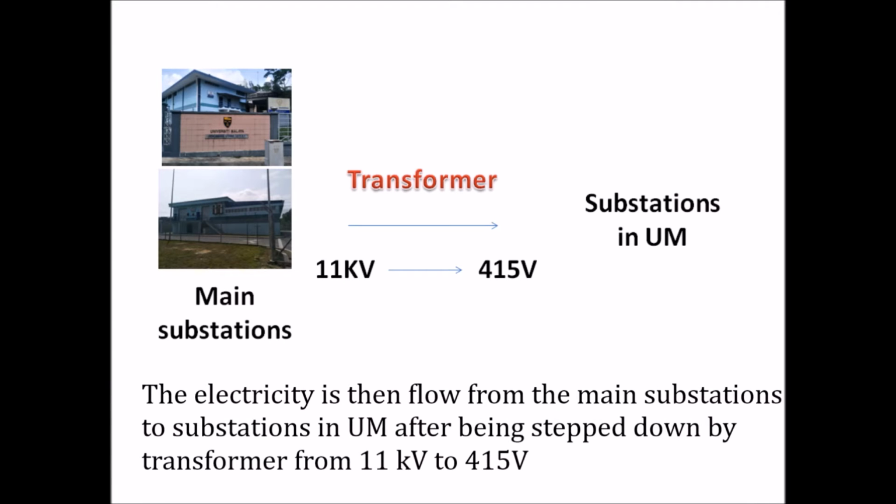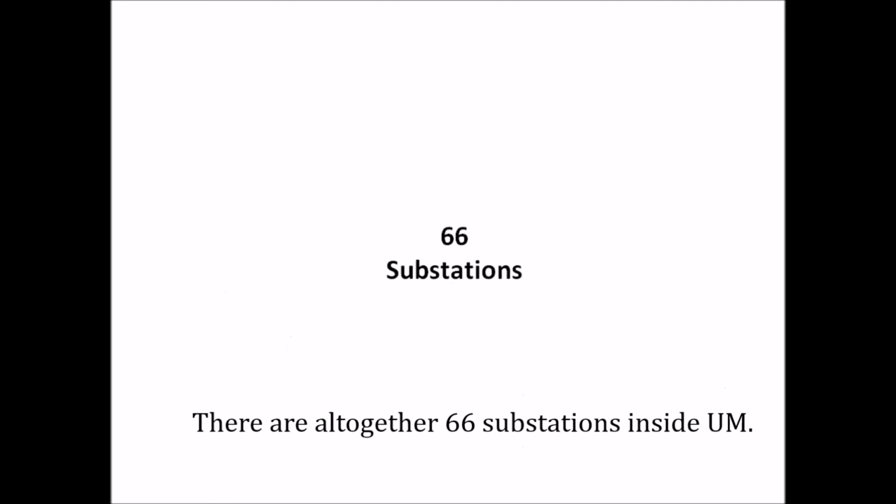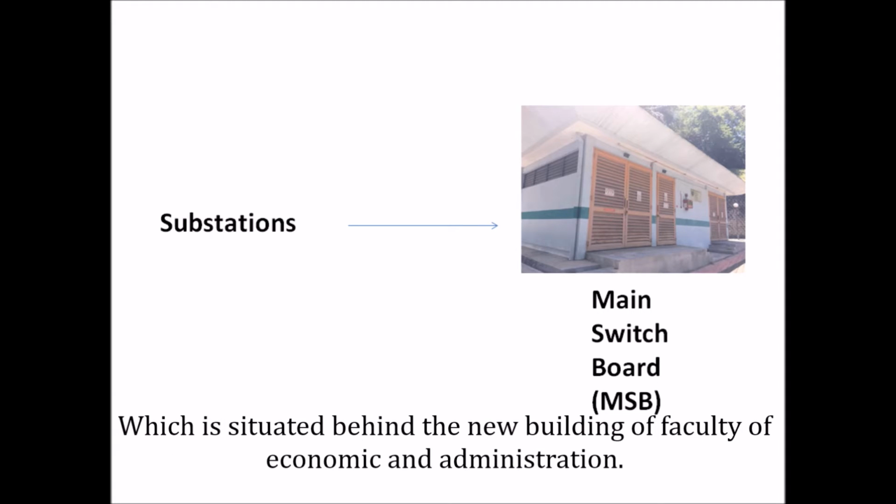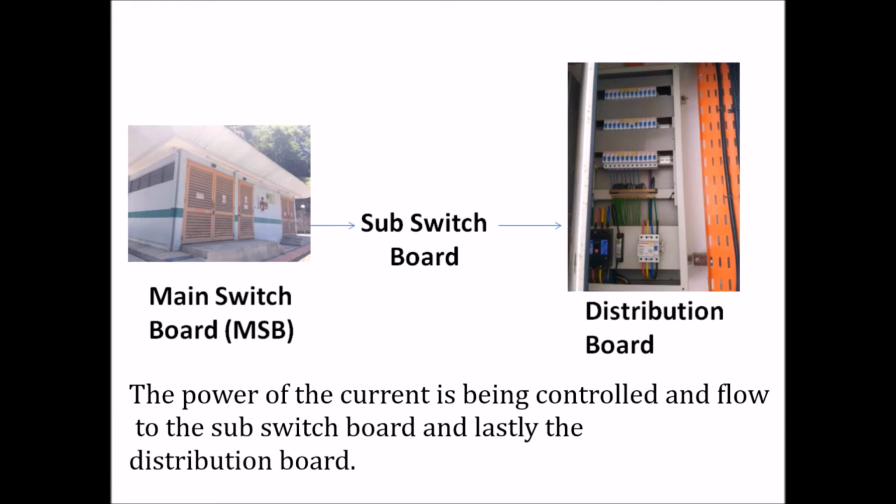The electricity then flows from the main substations to the substations after being stepped down by a transformer from 11 kilovolts to 415 volts. There are altogether 66 substations inside the campus. The electricity then flows from the substations to the main switchboard, which is situated behind the new building of the Faculty of Economics and Administration. The current is then controlled and flows to the sub-switchboard and lastly the distribution board.